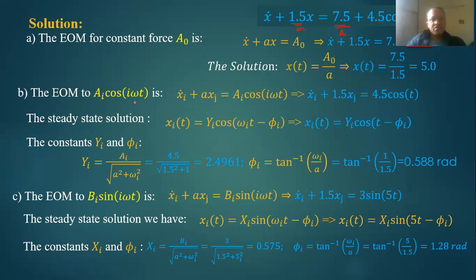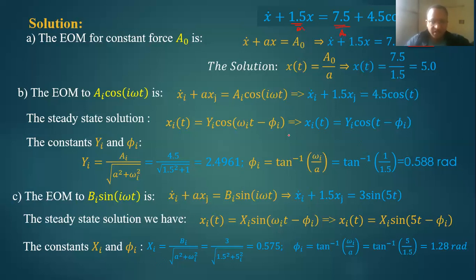And for the cosine part of the forcing function, we have solution x of t equal to yi cos omega t minus pi. So from this, x of t is equal to this solution. On this solution, we can find this constant y.